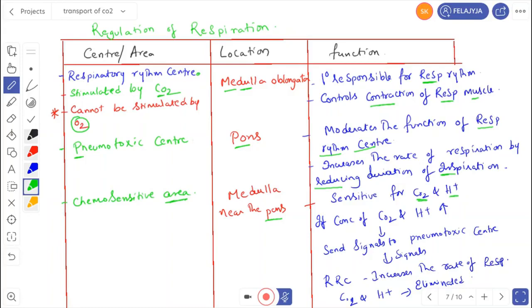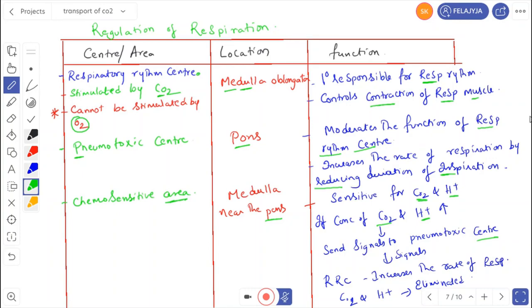If the concentration of carbon dioxide and H plus ions increases, the chemosensitive areas send signals to the pneumotaxic center. Then the pneumotaxic center sends signals to the respiratory rhythm center. So the respiratory rhythm center increases the rate of respiration and carbon dioxide and H plus ions are eliminated.